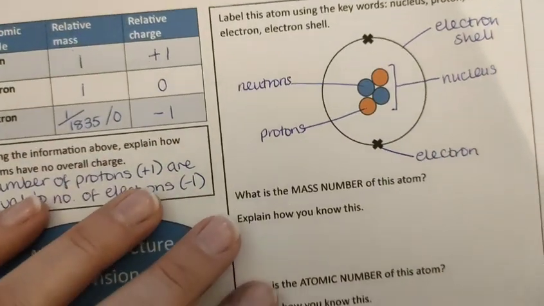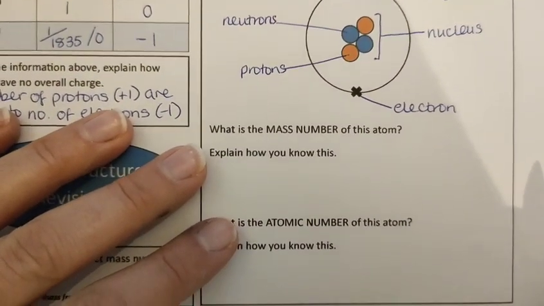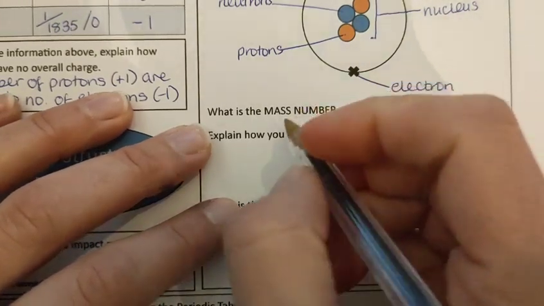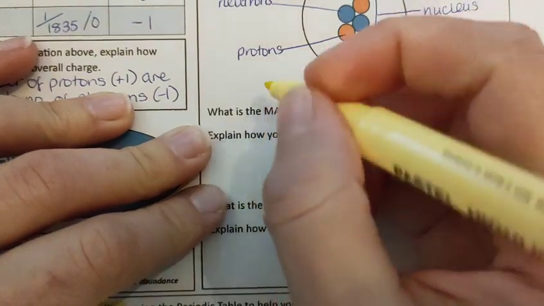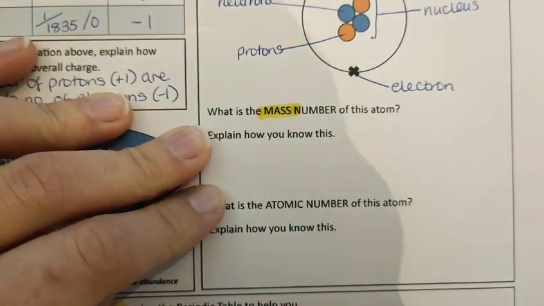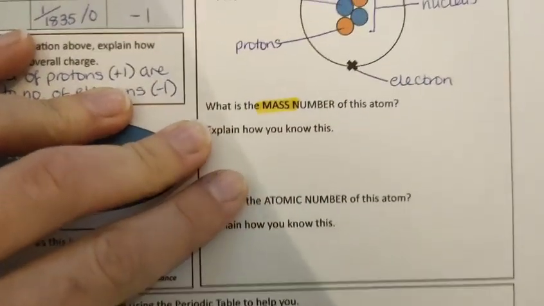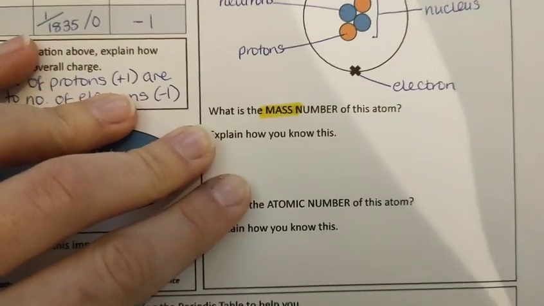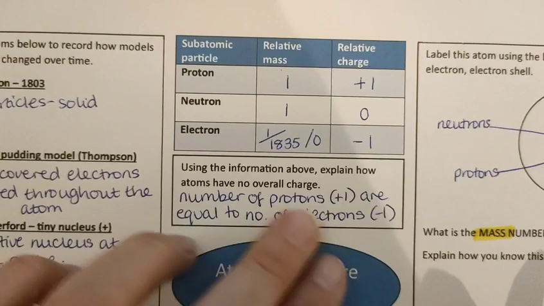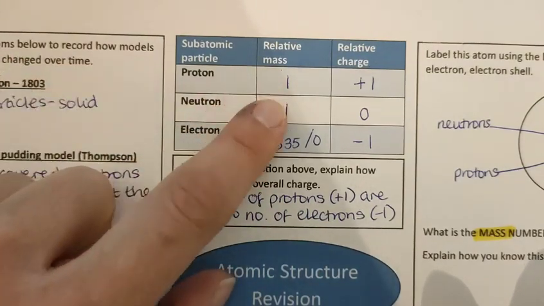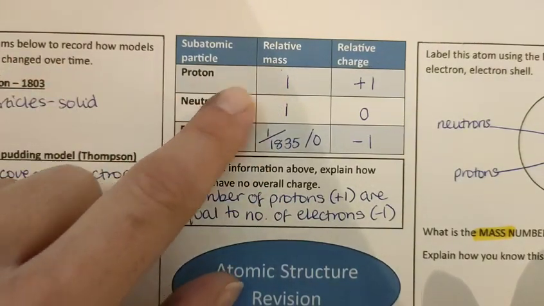What is the mass number of this atom? I'm going to use my highlighter here to help me. It's always useful. So mass, that's a very important word. If I look back to my previous information here, the mass is in the protons and neutrons.